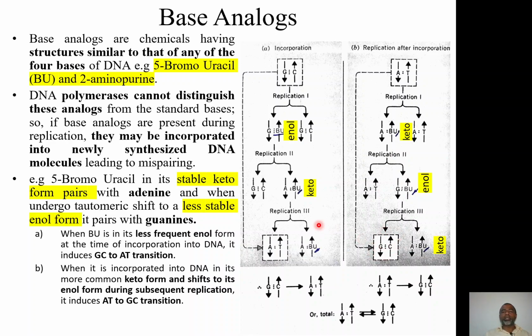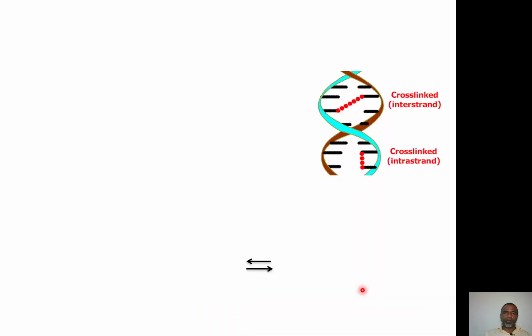This is how a chemical inserted instead of a normal base, because of its similar structure, leads to changes in the DNA, from GC to AT transition and from AT to GC transition. Both of these changes can take place.